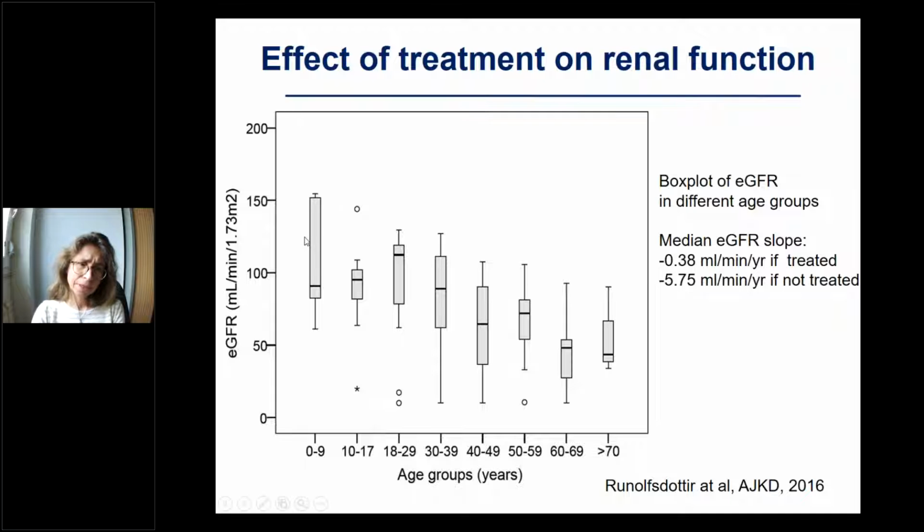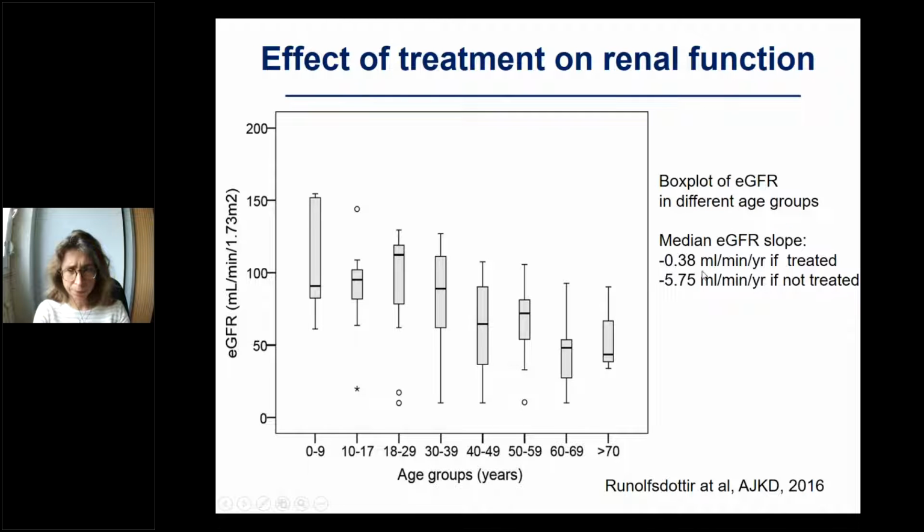And here you can see the effects of treatment on renal function by age, and you can see that eGFR decreased progressively, but there is a difference between the treated and non-treated patients.